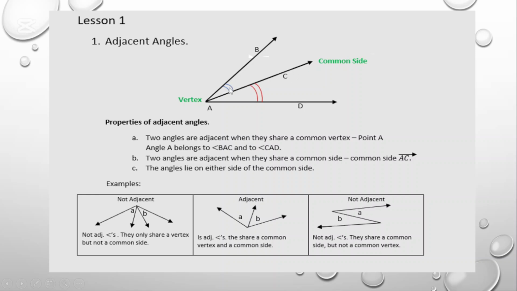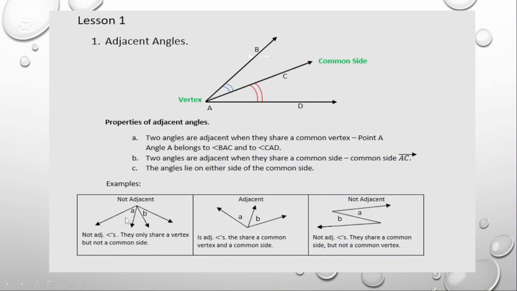This side here. This side belongs to both angles. And we say it has a common side called AC. And these two angles, they are on both sides of the common side. Common vertex, common side, both sides of common side. Look at the examples here.